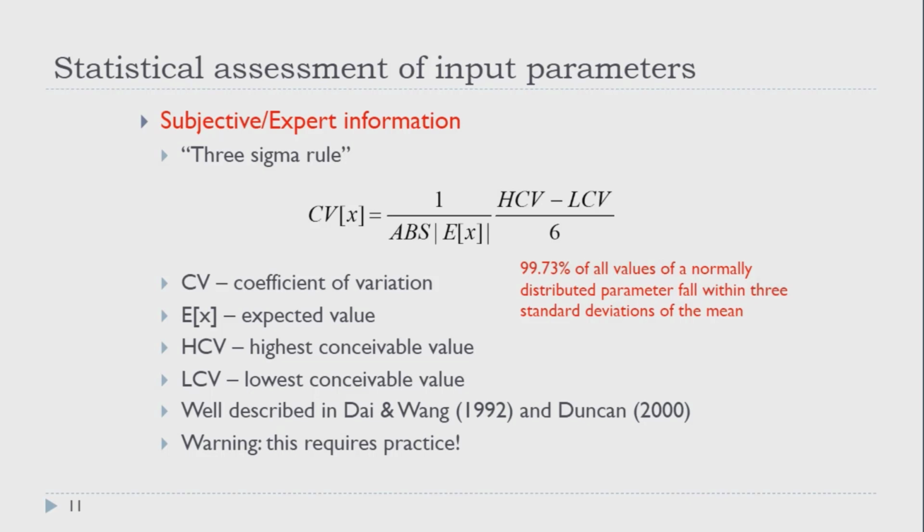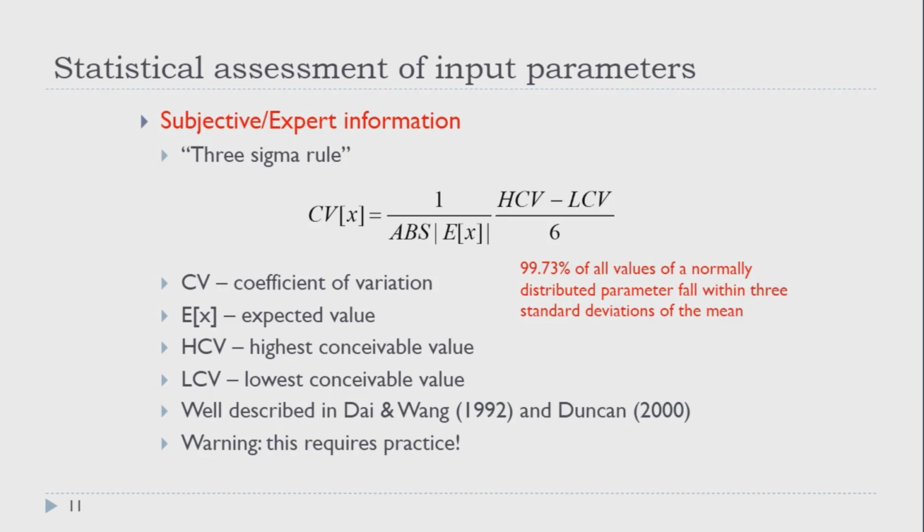This is quite difficult because no matter how experienced our expert is, he needs to be trained to adapt his way of thinking to select HCV and LCV values that would be adequate.